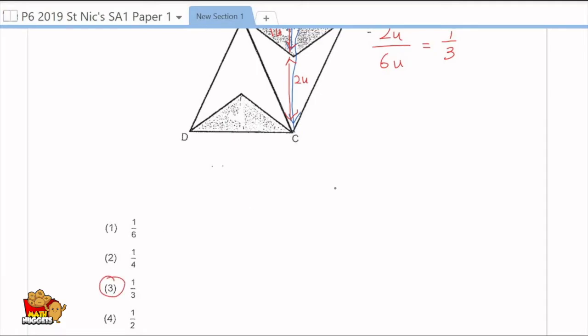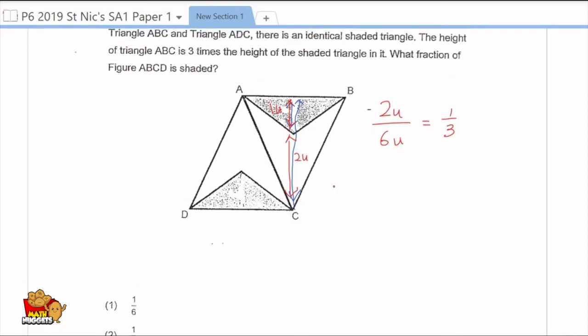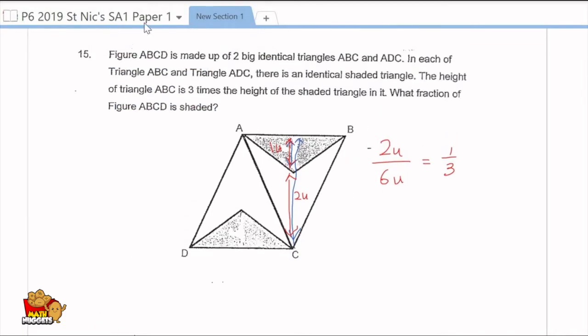Okay, now back to the figure. Let me just show you an example. If this was 9, I just give you an example to prove why is it 1/3, why is the area 1/3. And let's say this is 3 cm.